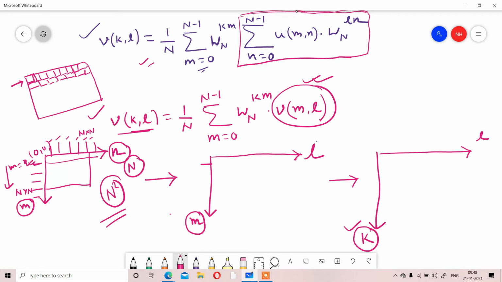For m equal to 0, n equal to 0, whatever value you are getting, the intensity will be represented here. For n equal to 1, that intensity will be represented here. In that way, all the intensities will be represented from 0 to n minus 1 for small n. Again, you will consider m equal to 1, and the same thing will happen. So whenever you see the DFT operation, you get the result as a box format of different intensity levels. Okay.